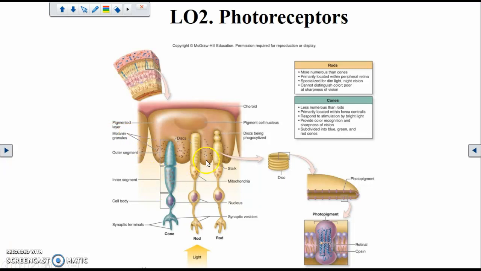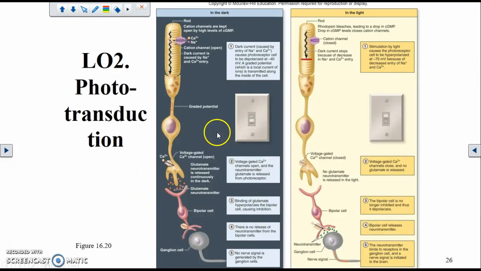Again, rods: more numerous, black and white, dim light. Cones: less numerous, blue, green, and red, color discrimination. FYI, cones are in high concentration in the fovea centralis, less on the periphery of the fovea centralis, which is again the area in the macula lutea.